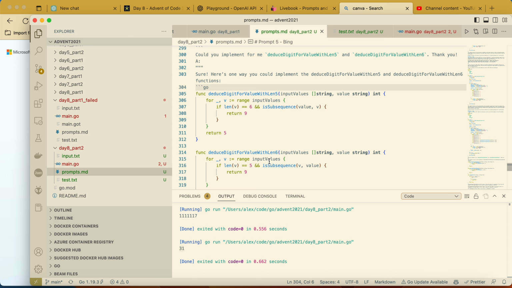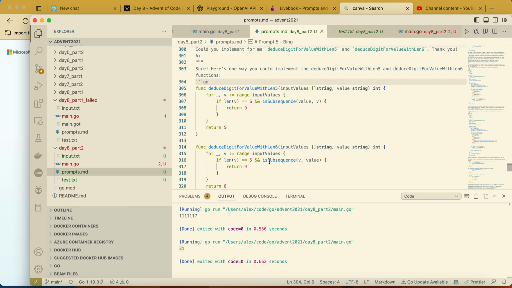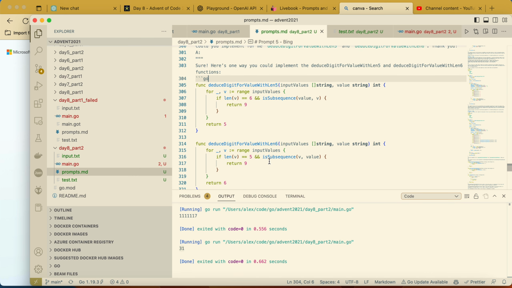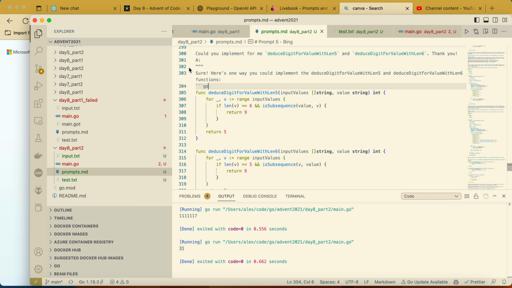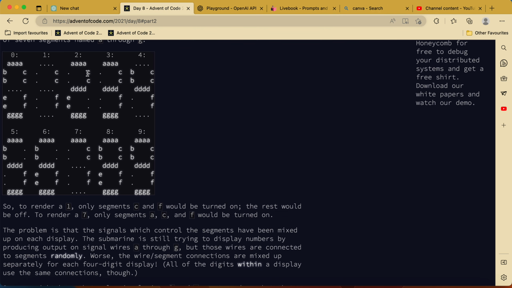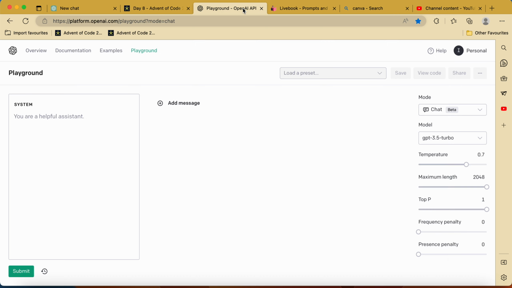Let's see. Here's one way you could implement the function. And when it's with 5 digits, that means it can be 2, can it be 3, and can it be 5? 2, 3, 5.